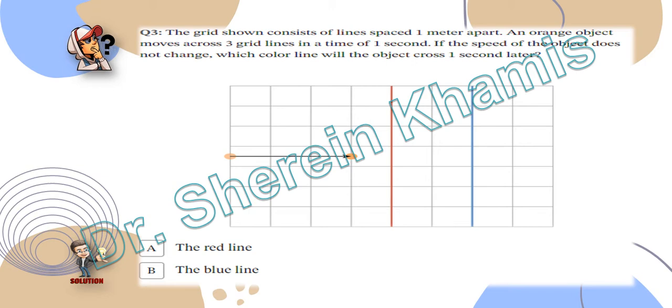What color will the object cross 1 second later? If we move 3 lines, 1, 2, 3, it will reach the blue line. Each movement makes 3 grid lines in 1 second, so 1 second later it will reach directly to the blue line. I think it's an easy question, but you must understand the statements in front of you. Okay, let's go to question 4.